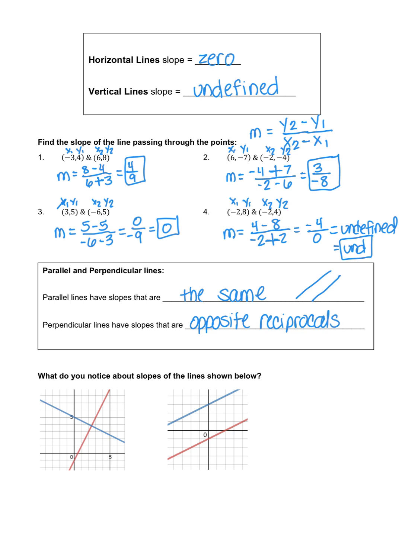So for example, what those look like is if you had A over B, the opposite reciprocal would be negative B over A. So in essence, let's write this down. One is positive. The other is negative, and flip the fraction.